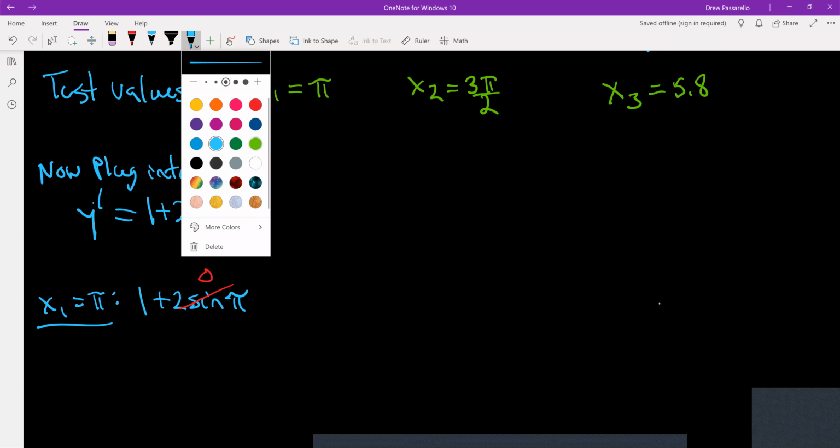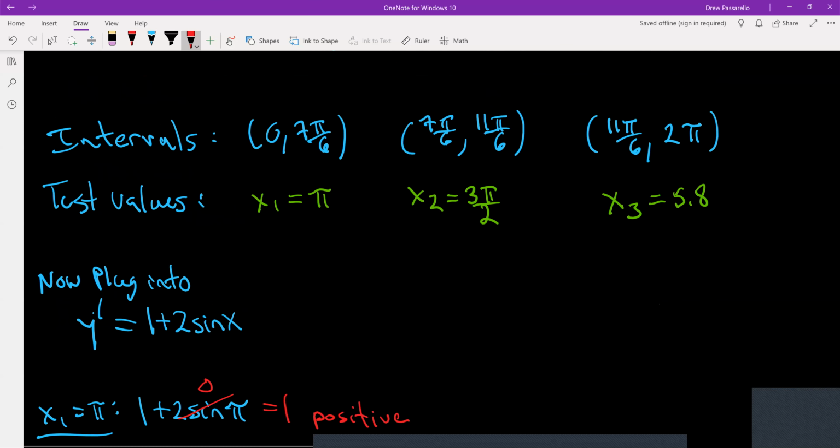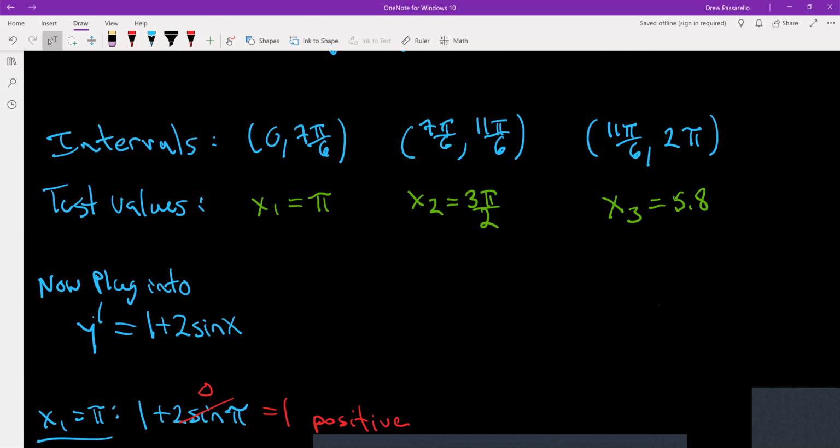And the point is that this is positive because you get 1. And so maybe underneath each test value, I'll write the sign. So when we plugged in pi, we got it to be positive, which means since this came from the interval from 0 to 7 pi over 6, it's increasing on that interval.